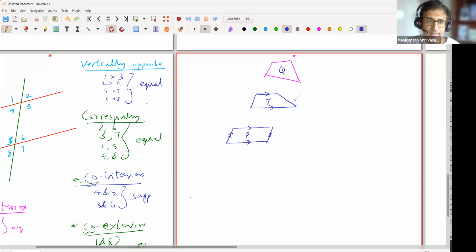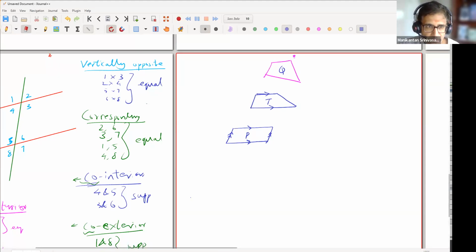While defining a trapezium, I just said one pair of opposite sides should be parallel. If you say the non-parallel opposite sides, that means you're forcing the other pair to be non-parallel. Are you with me? Sorry, Rachit, did I confuse you more? Okay, so can you define an isosceles trapezium once more, Rachit? Maybe I didn't fully catch you.